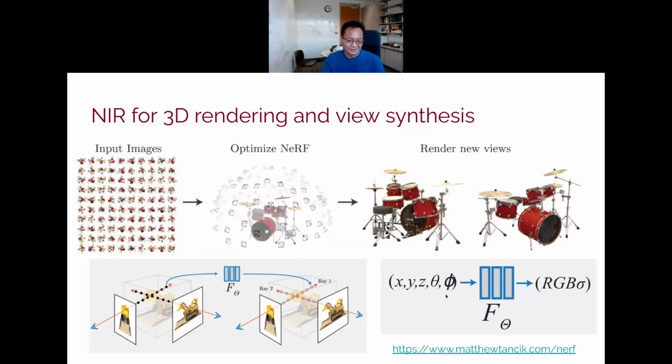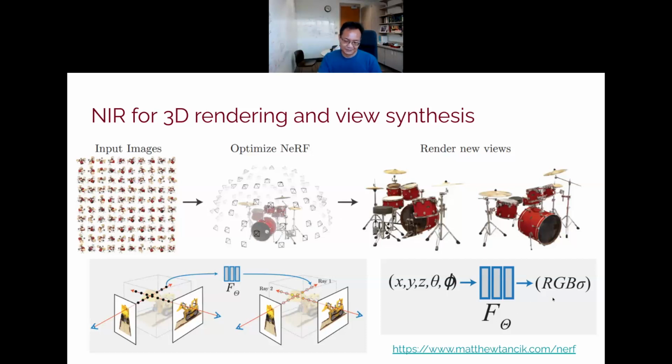This function has 5 inputs. You can imagine X, Y, Z, which are the 3D position, and theta and phi, which are the angles. These correspond to the different angles from which pictures of the 3D scene are taken.